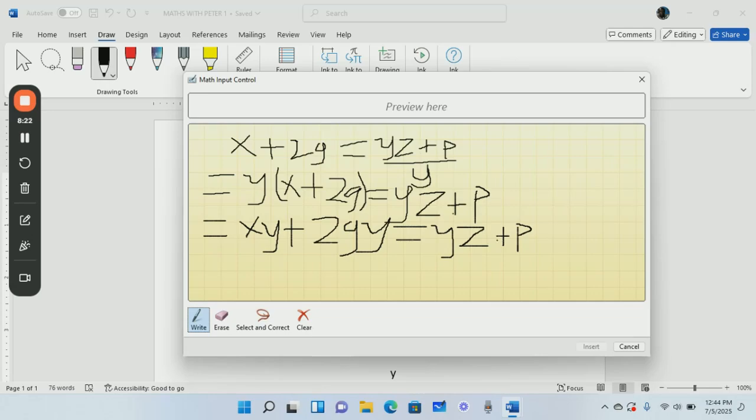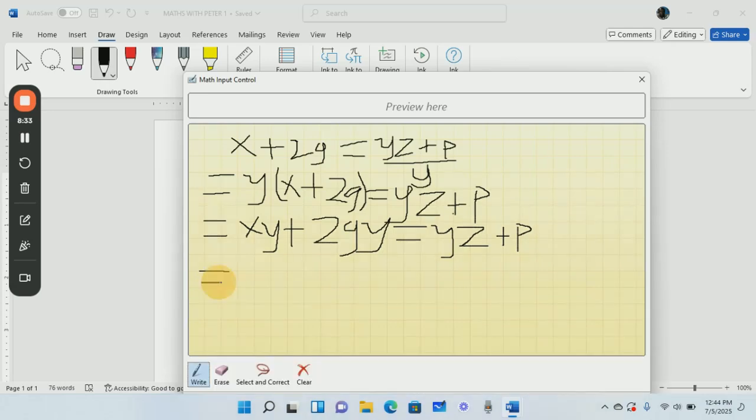So let's group all the items. So let's move yz to the other side, to the y column there. So this will give us xy plus 2gy.